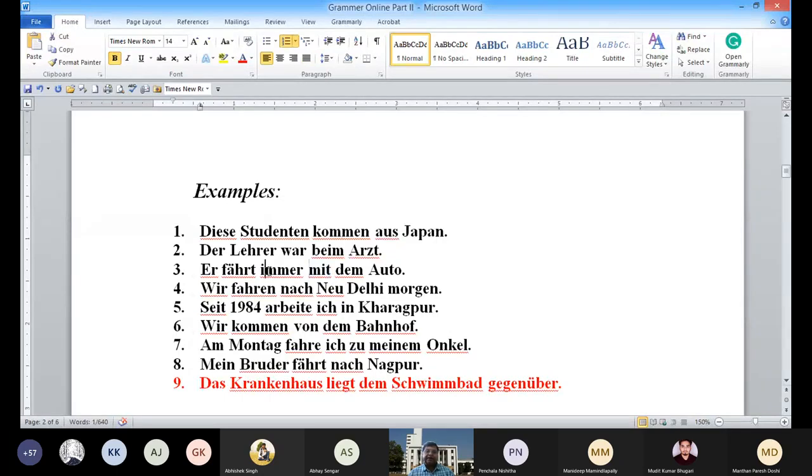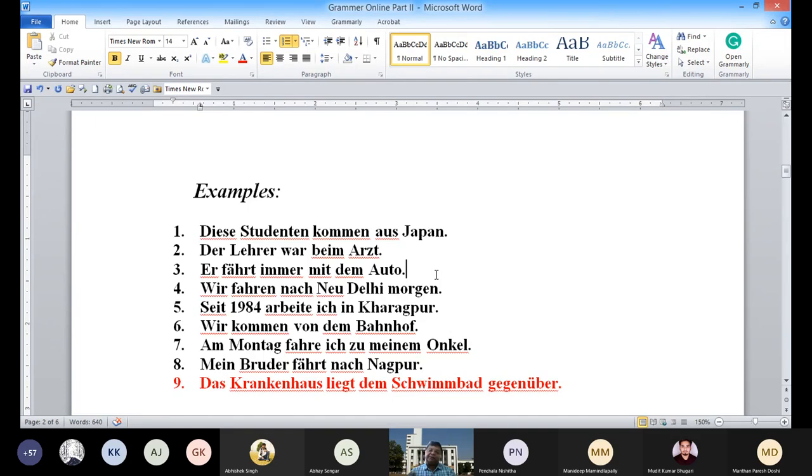Like "Er fährt immer mit dem Auto." He travels always mit dem Auto, which in English we translate by car. Auto is car. Though the literal meaning of mit is with, in English we translate by car, because if you translate it as he's traveling with car, the meaning will be different, as if he's going on a truck and the car is loaded on the truck.